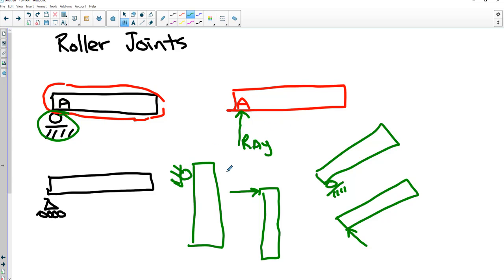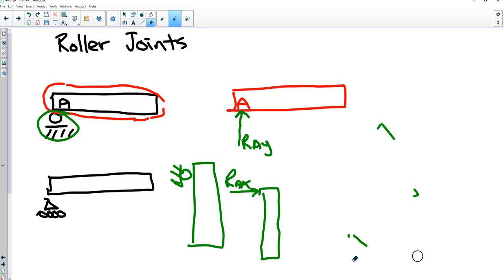In this case, it happens to be in the y direction, but it is perpendicular to the surface that it's on. So this would be RAX if we had it pictured like this. Generally, you're not going to see anything like this. Focus on these two examples, but realize that it has to be perpendicular.